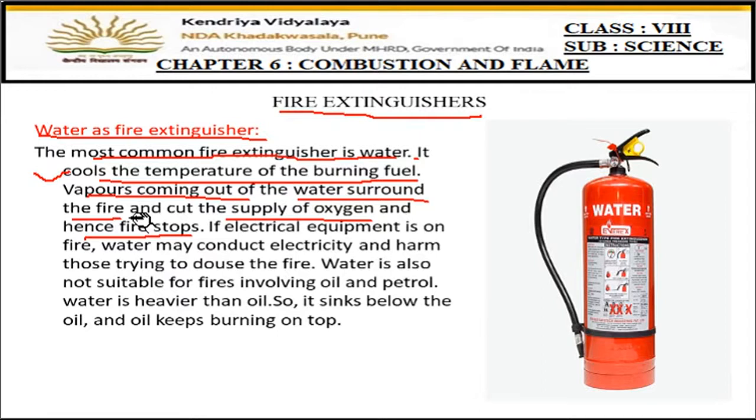Suppose an electrical equipment is on fire, then water cannot be used to stop it, because water is a good conductor of electricity, and if you put water on burning switches or burning wires, the water conducts the electricity, and it will be harmful for the person who is trying to stop the fire. So water cannot be used for fires in electrical equipment.